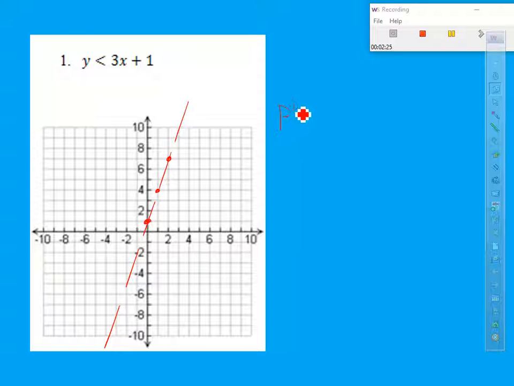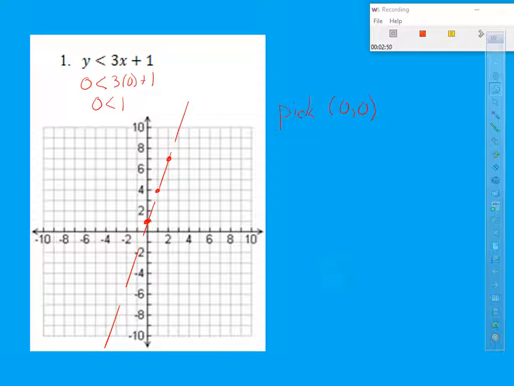So I'm going to pick the ordered pair 0, 0 whenever I can, because 0, 0 is the easiest ordered pair to work with. Now, let's come up here and plug in 0 for y and 0 for x. So I've got 0 is less than 3 times 0 plus 1. So I got 0 is less than 1.